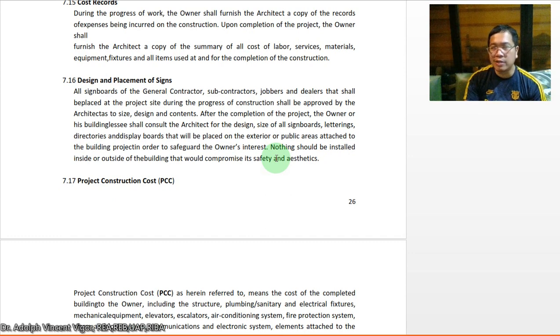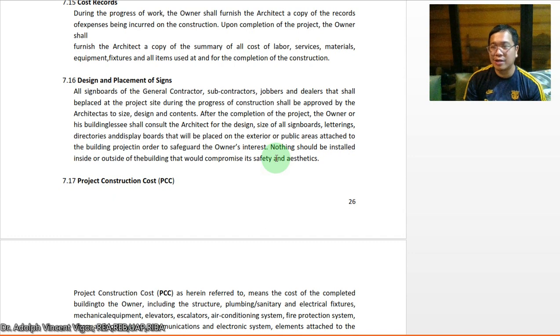So it's really important that you inform the owner about these things, especially if you're doing a commercial building, that if he's going to have signboards, he should also consult you guys, because sometimes the owner places something that may compromise the safety of the building, or it makes the building look ugly instead.